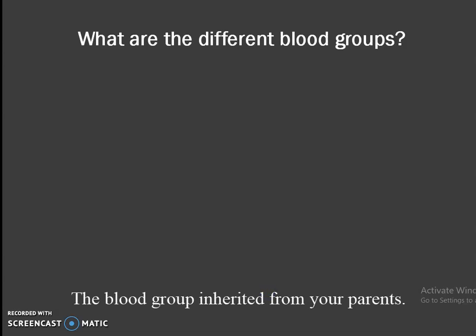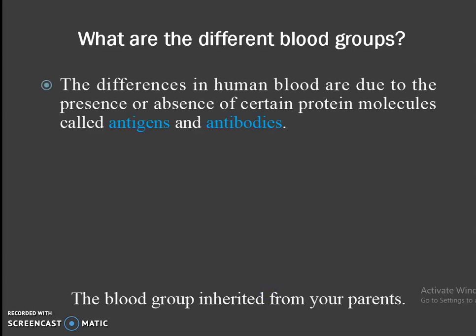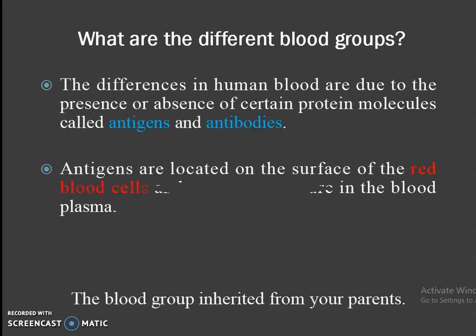Then what are the different blood groups? On what basis is blood divided into different groups? The differences in human blood are due to the presence or absence of certain surface proteins, called antigens, and also some antibodies which are produced by the immune system against the antigens.